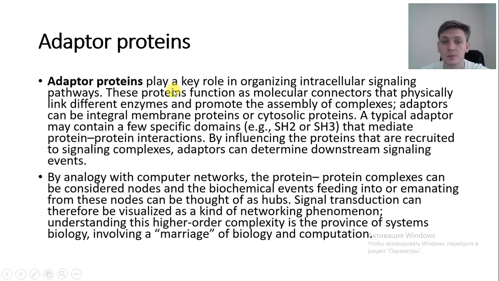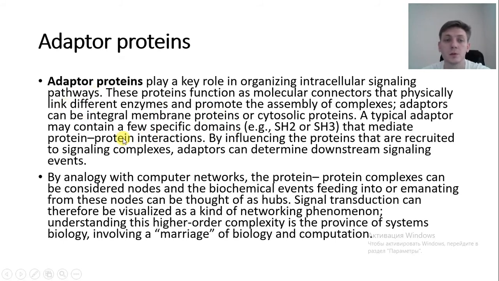Adapter proteins play a key role in organizing intracellular signaling pathways. These proteins function as molecular connectors that physically link different enzymes and promote the assembly of complexes. Adapters can be integral membrane proteins or cytosolic proteins.